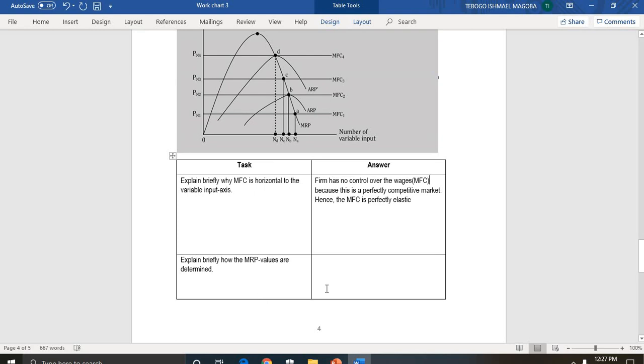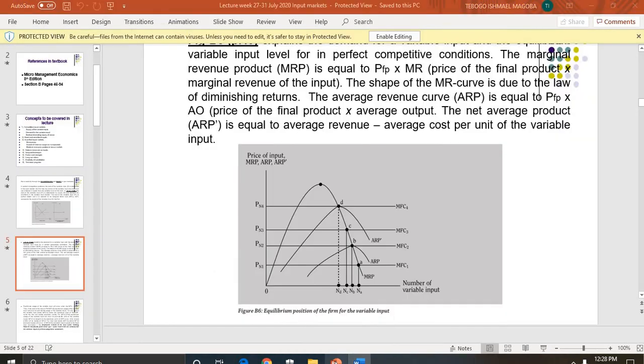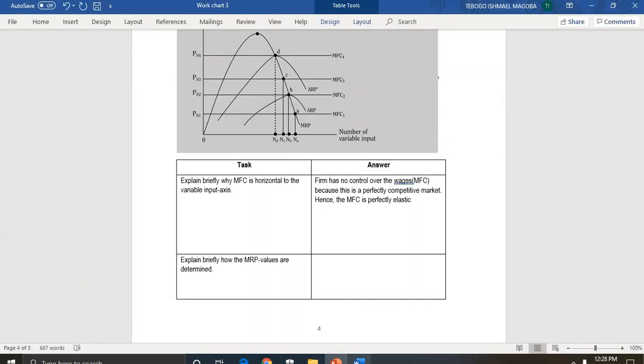Sorry. The second question says, explain briefly how the marginal revenue product values are determined. Remember, this is in your slides. This graph can be found in your slides on slide 5. The explanation is there. Also go through your textbook for this.